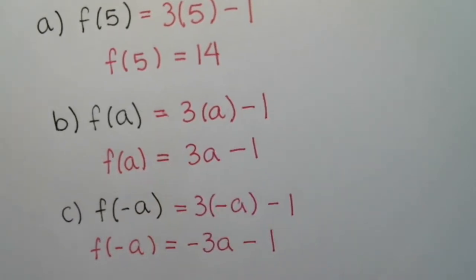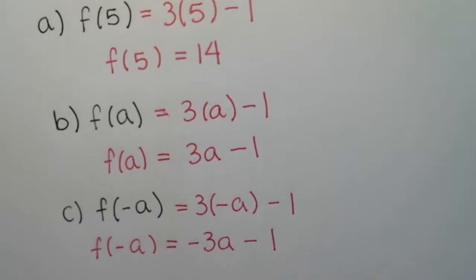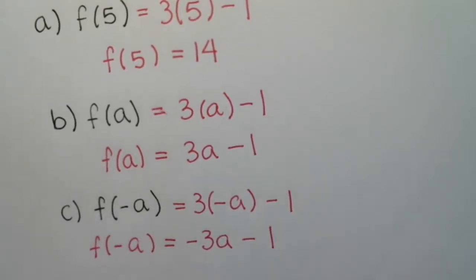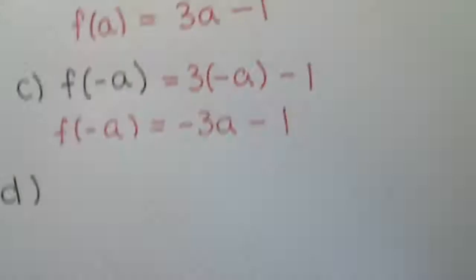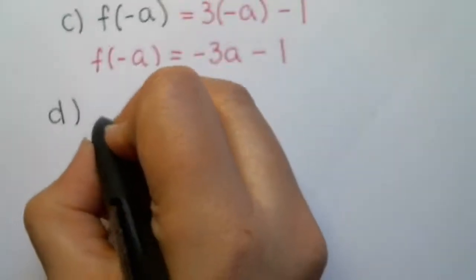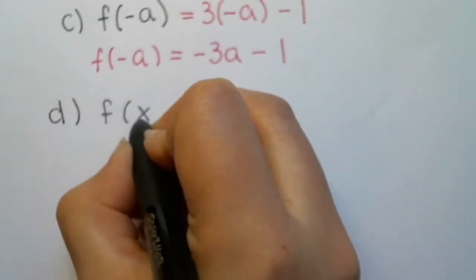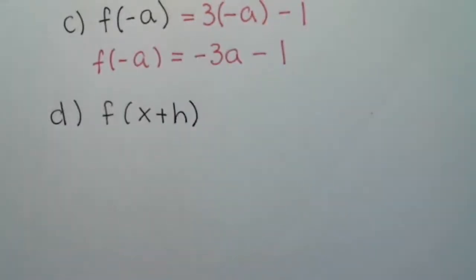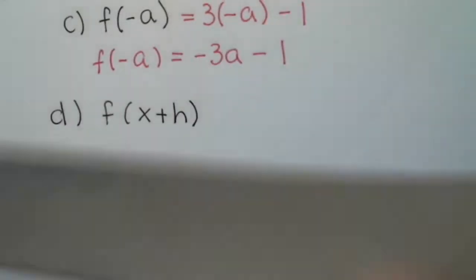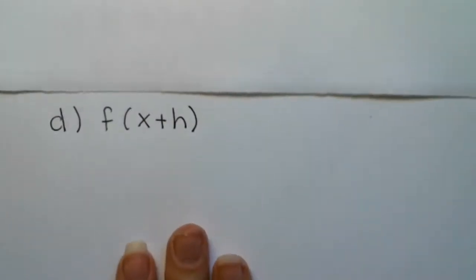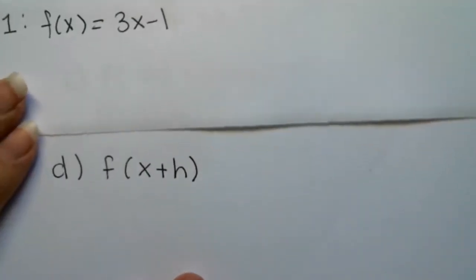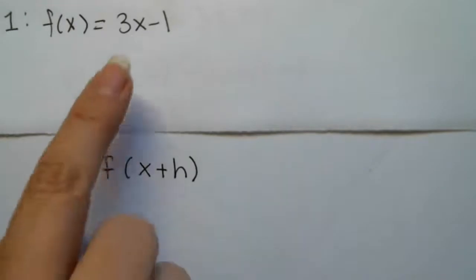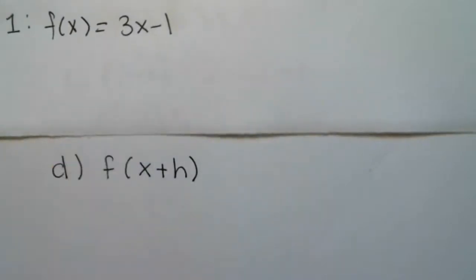Okay, let's look at one more example. We're going to plug in x plus h. So again, here is our function f of x, and we're going to plug in here x plus h.